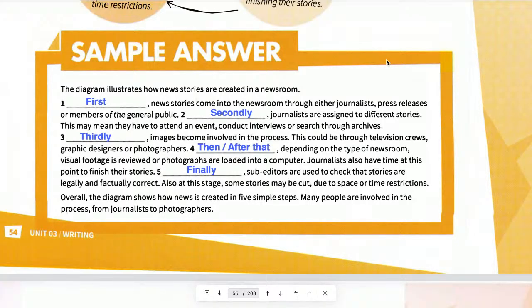What should we do with the diagram task? First of all, we need what? An introduction, right? And what should you do in the introduction?